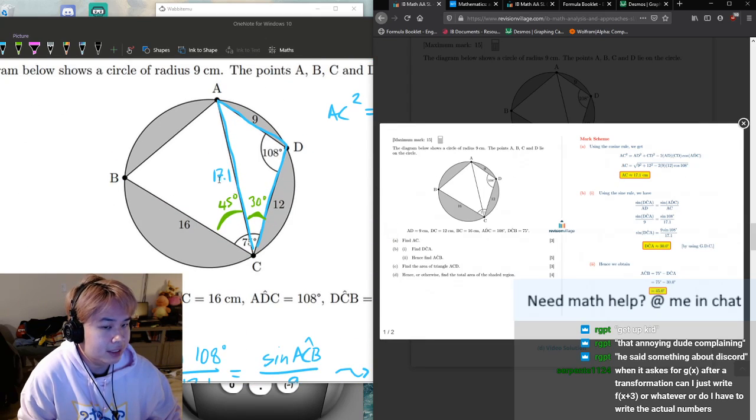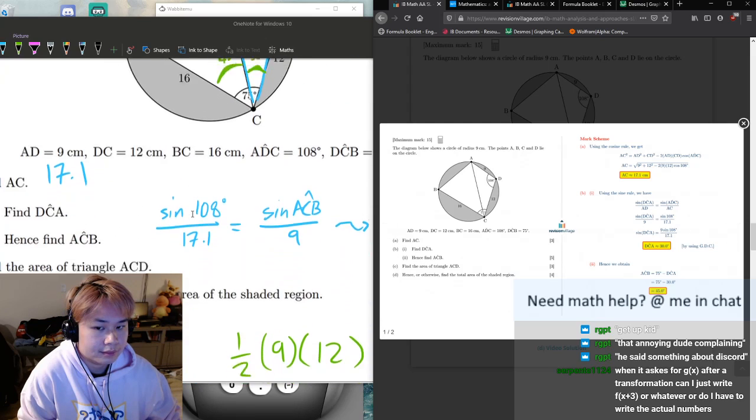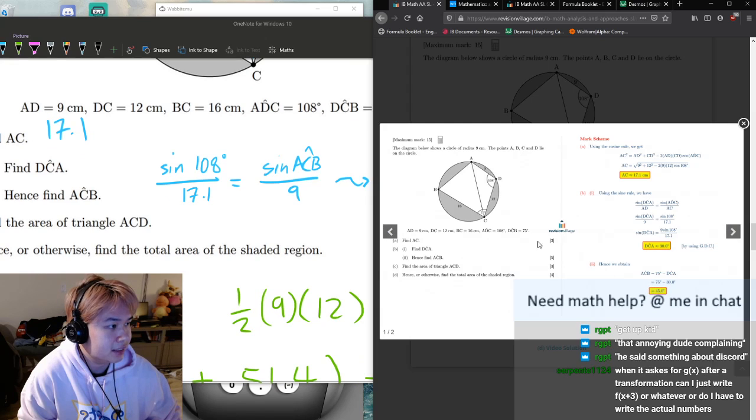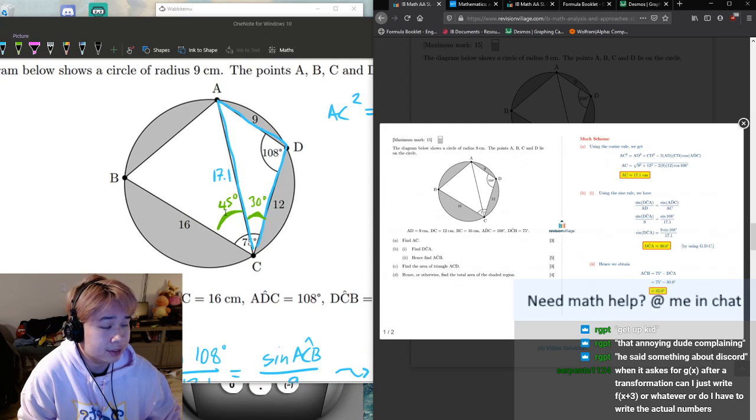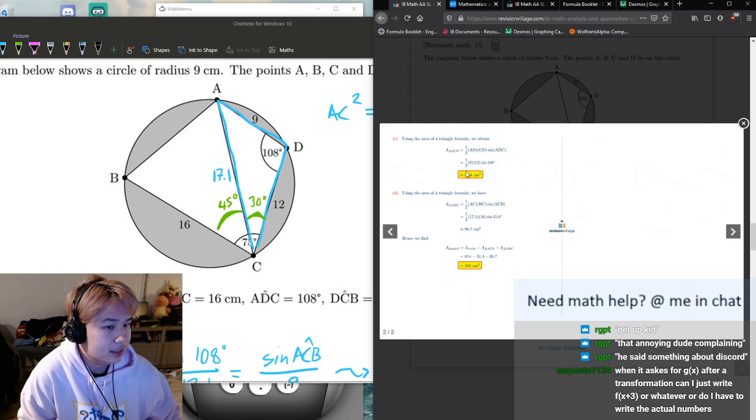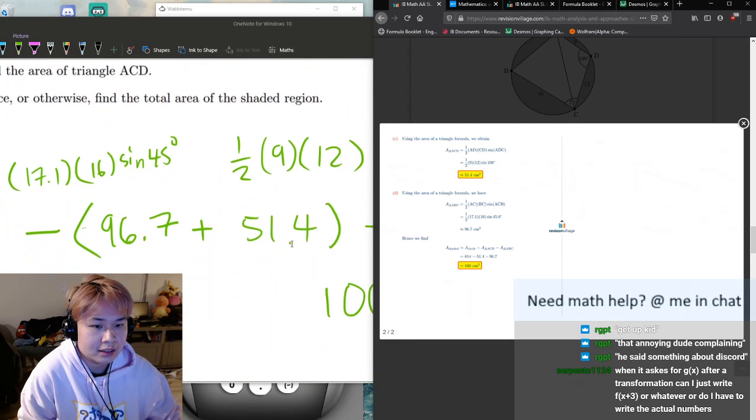Okay, 17.1, I have 17.1. 30 degrees, that's right here. 45 degrees. 51.4.